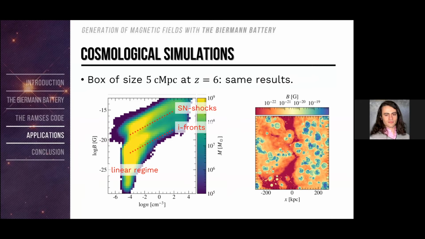But as for the amplitude of the field, we expect the onset of some dynamo process, which is needed for the amplification of the field in order to reach the microgauss levels we see in galaxies. So the Biermann battery is only able to generate the seed magnetic fields, which are really low, but we need an amplification mechanism, typically turbulent dynamo within the galaxies, in order to recover the magnetic fields we observe today.